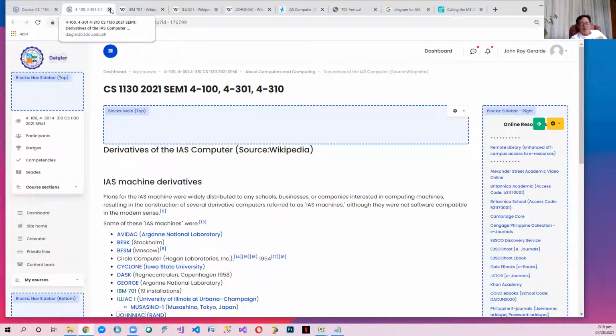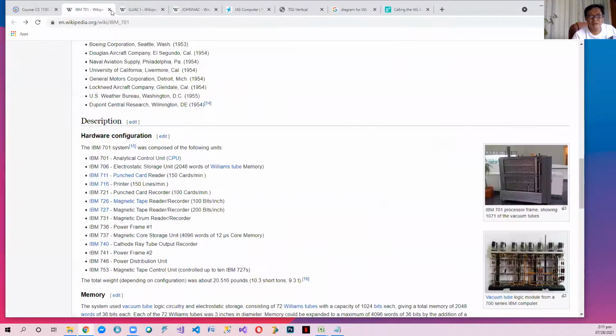Do you follow? Programs are stored in memory before they're executed. I hope you understand that. The idea is simple. Stored program means programs are loaded from the input device or the storage device into memory before they're executed. Any questions so far?